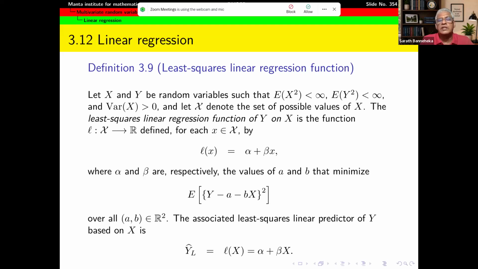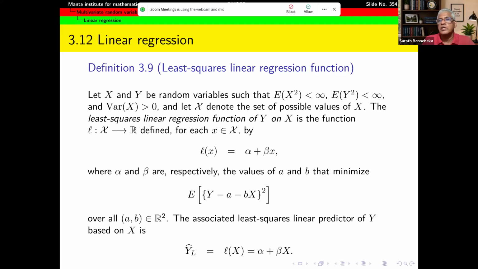This is not that one. Here we are going to consider two random variables x and y, and then we are going to talk about something called linear regression between the two random variables.